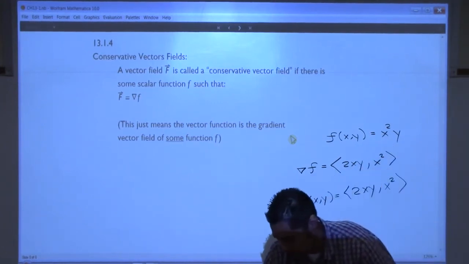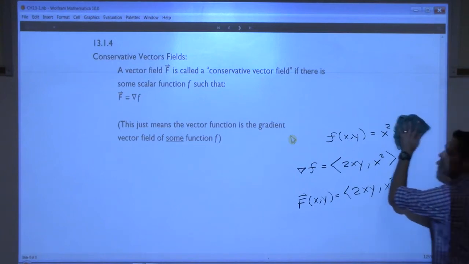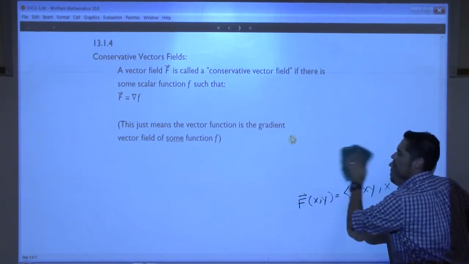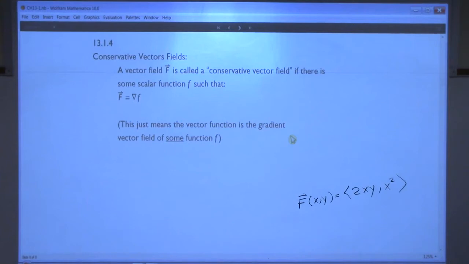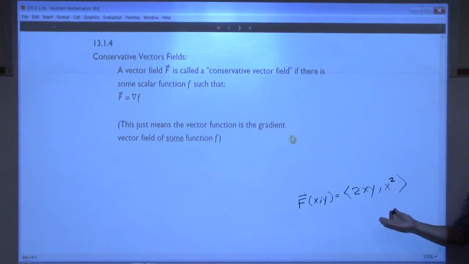So here's our challenge. This is one of the main things we're going to get to later. Let's say that I did not give you this, and all I gave you was this. My question to you is, is this a conservative vector field, yes or no? What would you have to do to determine that?